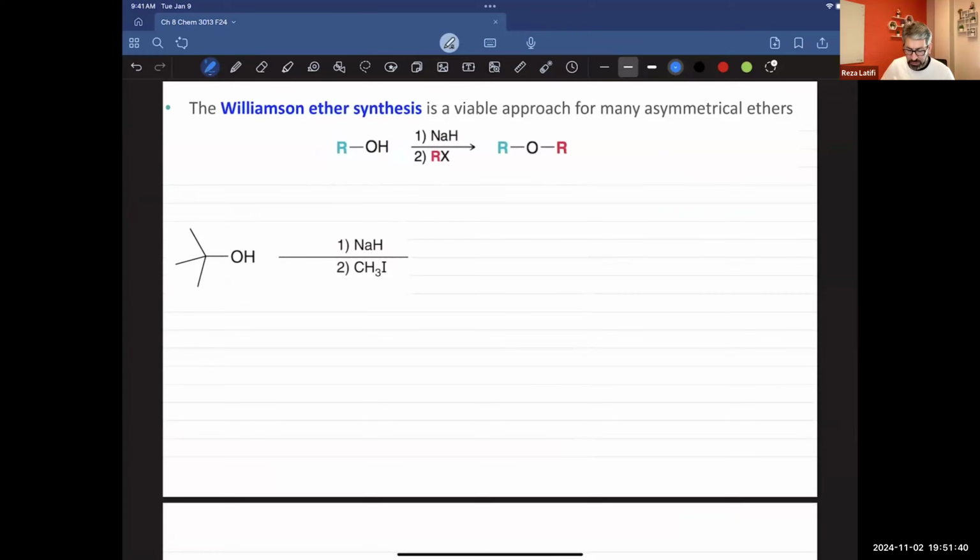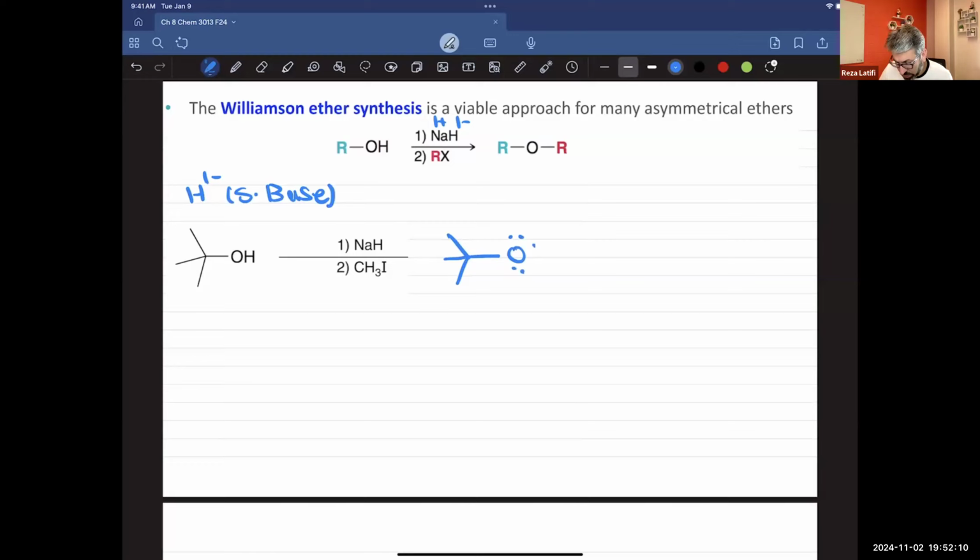So first step, we'll have sodium hydride. Sodium hydride, and the hydride is going to be a strong base, and it can react with any alcohol. And so the first step of this reaction is simply a reaction of acid and base.